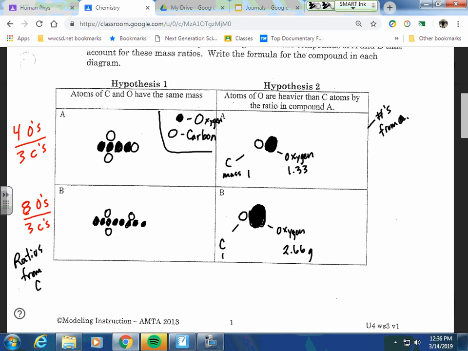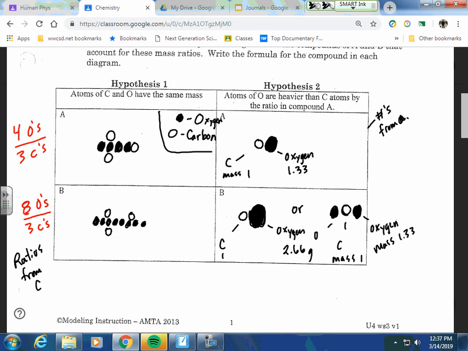We could do, instead of doing one carbon and one oxygen, what we could do is one carbon with its mass of 1, and then break this oxygen up and say instead of one oxygen, how about there's two oxygens, about the size of this one up here, because each oxygen is going to have a mass of 1.33.